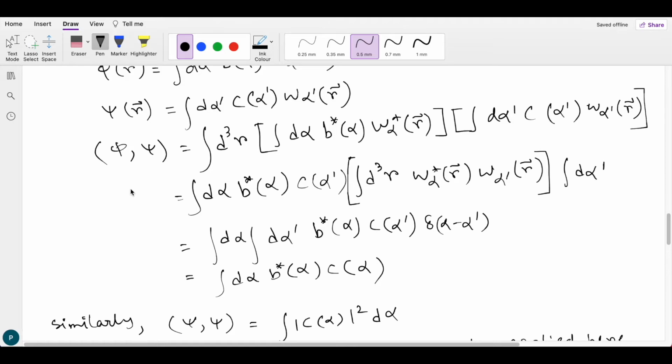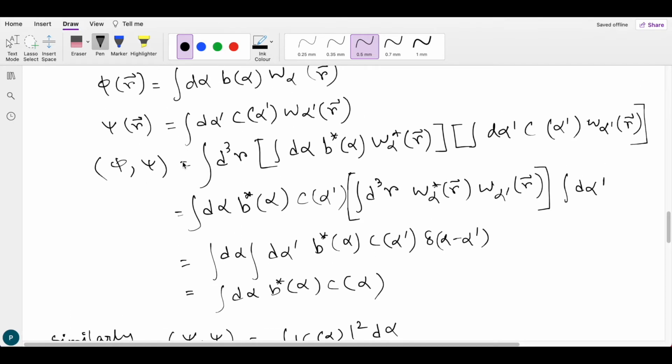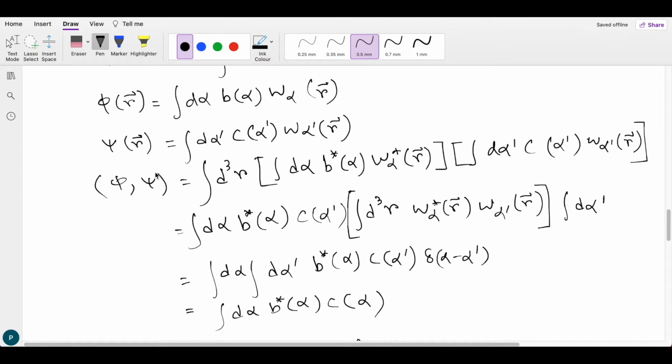So the scalar product of phi with psi is the integration d3r, then phi star into psi. So instead of phi star I am writing this integration d alpha B star W star, and the other integration is as it is.